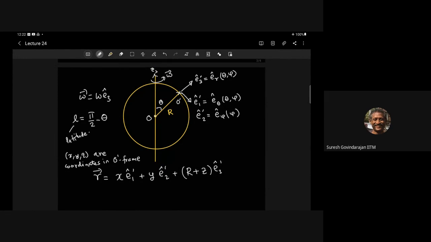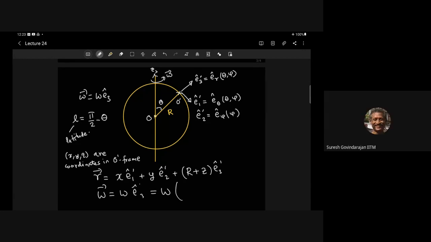And now question 2 is what is omega? It is of course omega E3 prime, but what I want to ask you is what is it in the prime basis? Anybody? One question: why is the E3 hat component R plus Z?